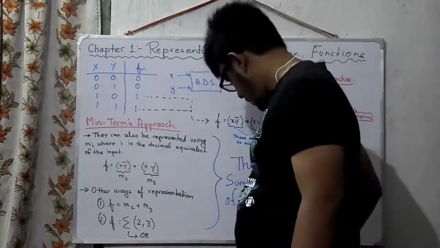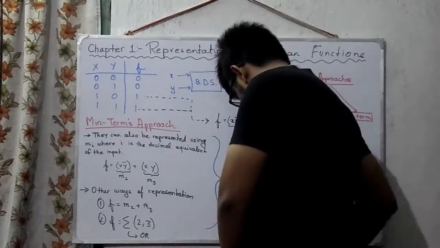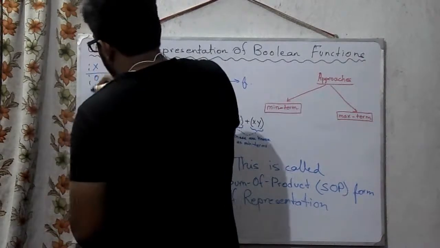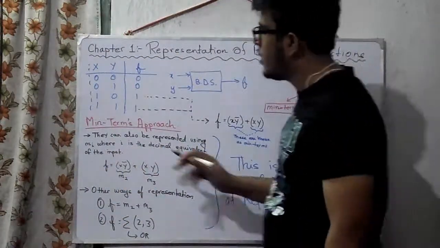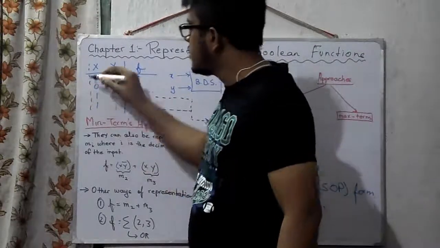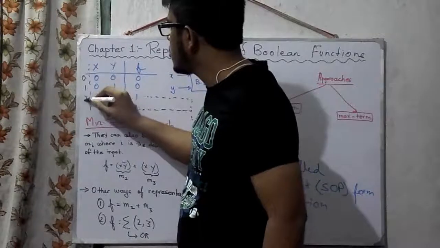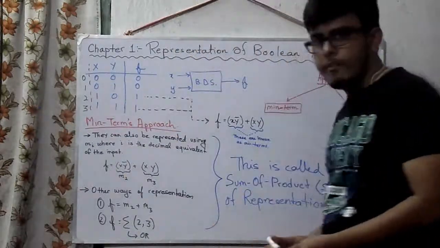If we consider this truth table, 0 0 means 0 in decimal, 0 1 means 1, 1 0 means 2, and 1 1 means 3. This is the decimal equivalent.